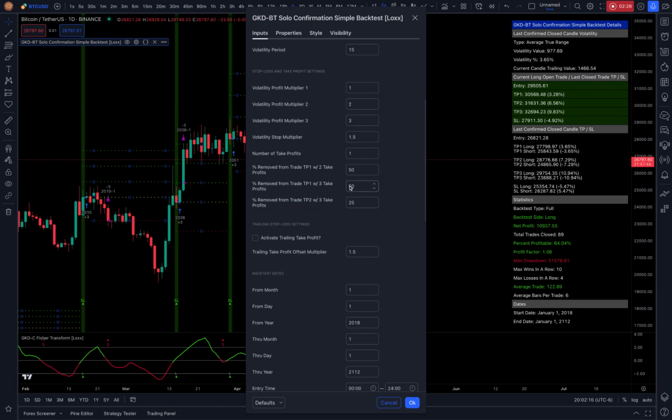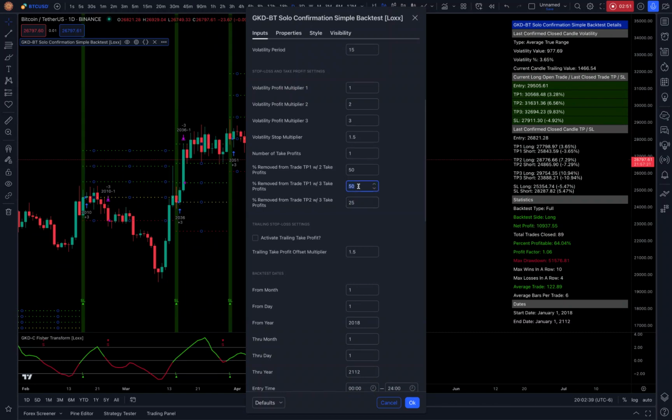If you're using three take profits, then ideally it's set to 50% taken off the trade at take profit one and then 25% at two and three. But you can change this to something like 33%, and then have take profit three be 34%. You're going to have to do the math in your brain because there's no easy way to do this.